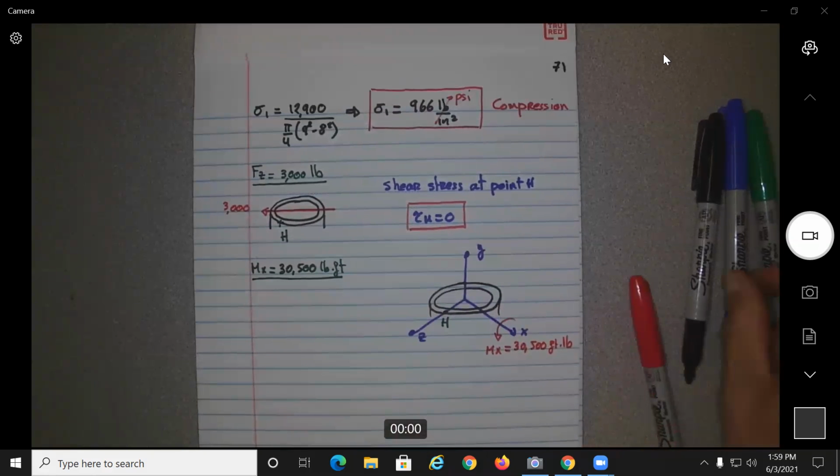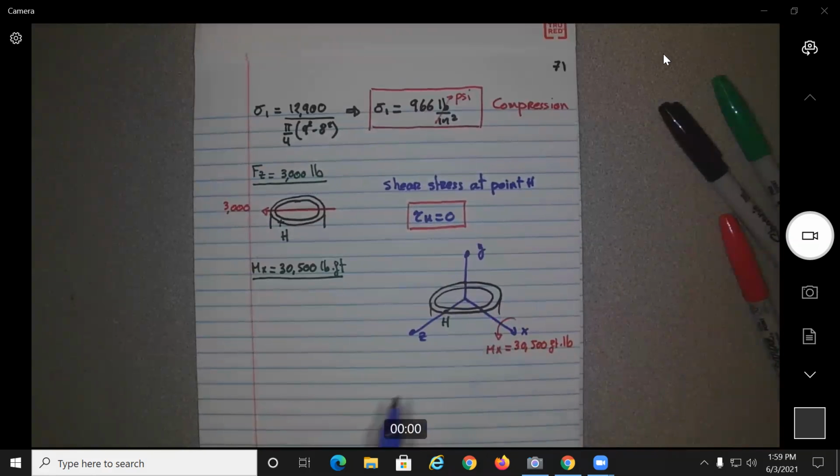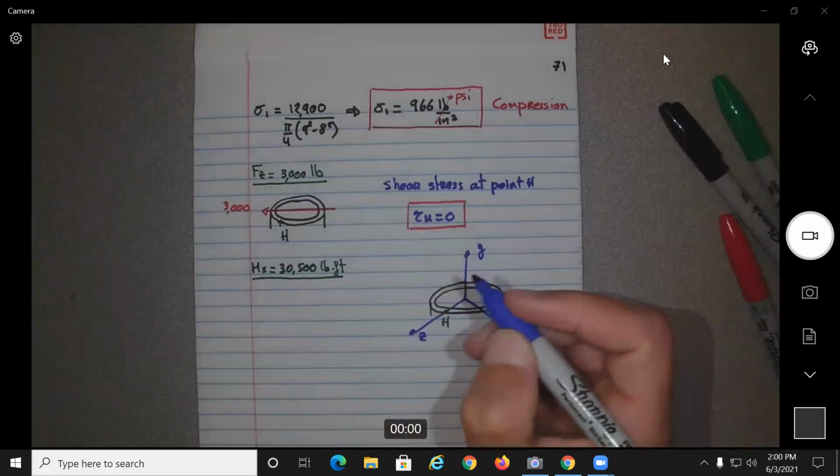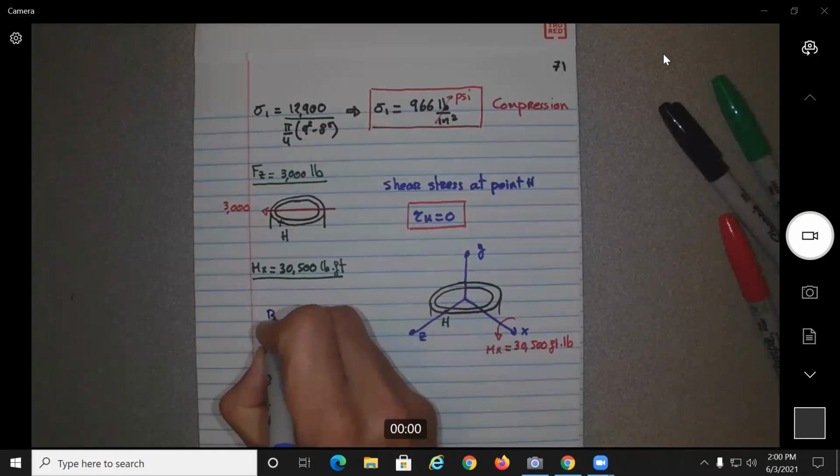So what type of loading is this going to induce over point H? Axial, shear due to torsion, or bending? It's going to create bending, no? Yeah, it would be bending stress.